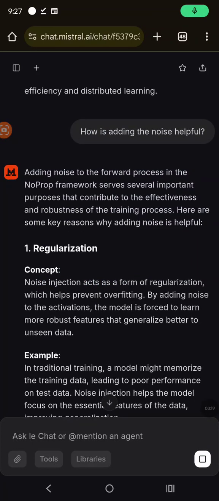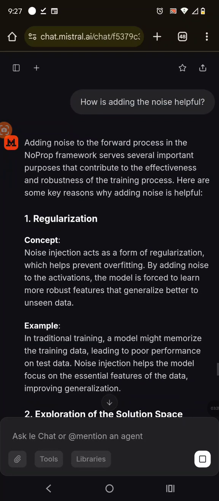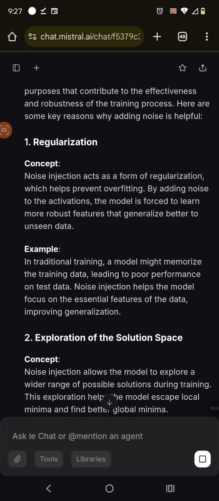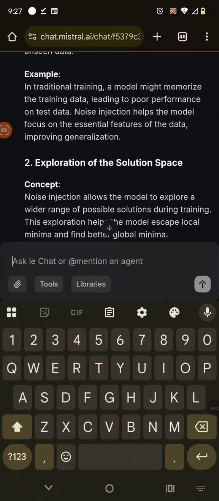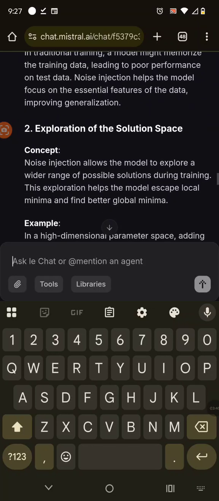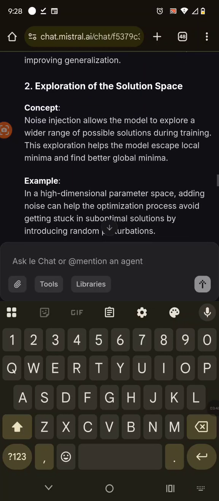The purpose of noise injection is doing several things, for instance regularization. Since we don't have L1 or L2 regularization terms like in backpropagation, noise does the trick. Exploration of the solution space: noise injection allows this exploration and helps escape local minima.